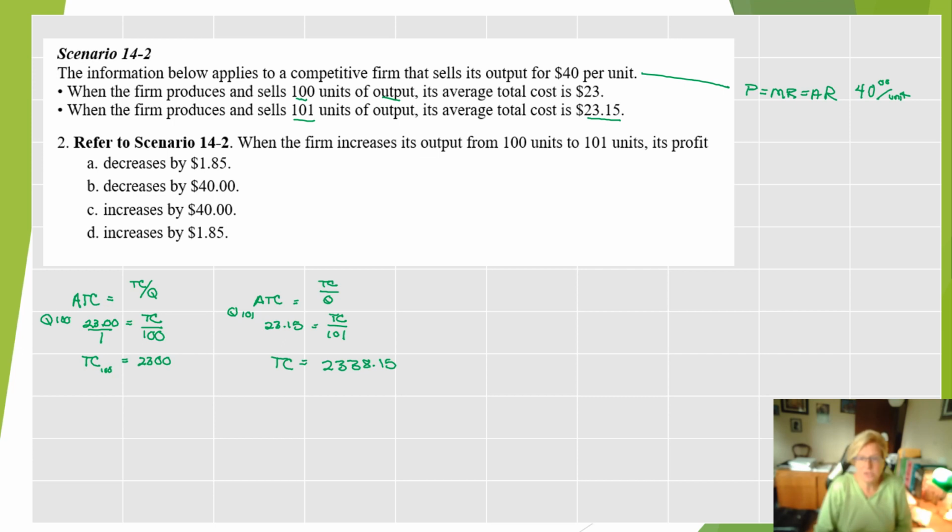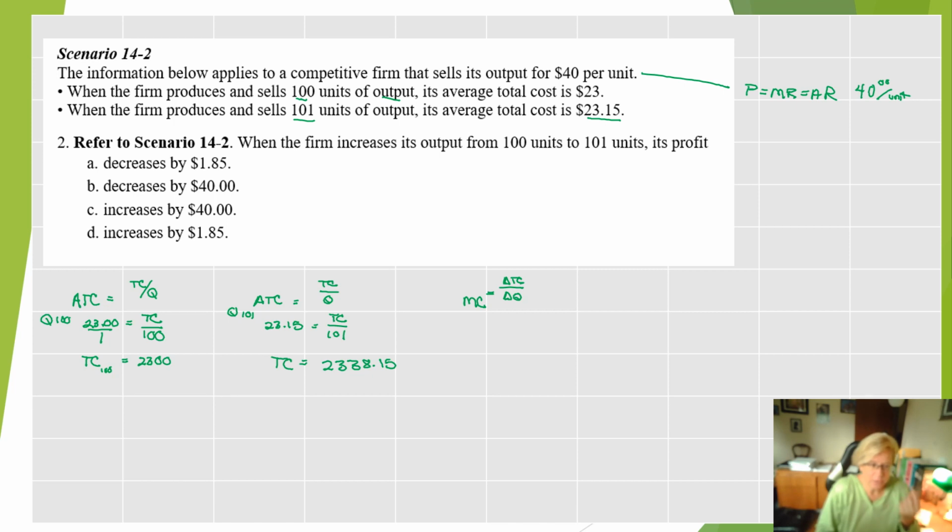Now, I know the marginal cost from the problem. And now what I need to do is to find marginal cost as we move from a quantity of 100 to a quantity of 101 as we add that additional unit. So marginal cost is just the change in total cost divided by the change in quantity.